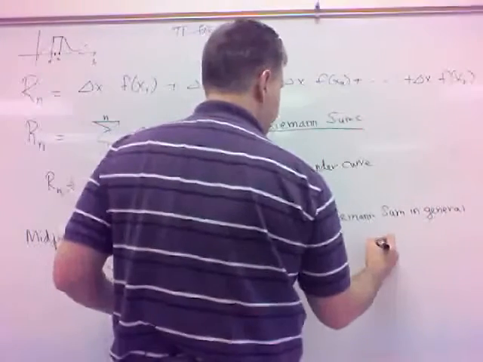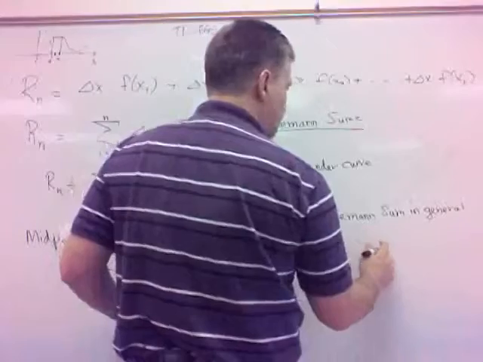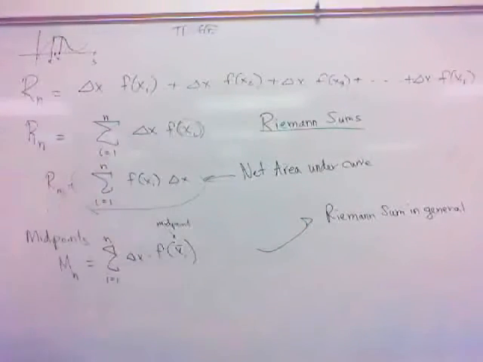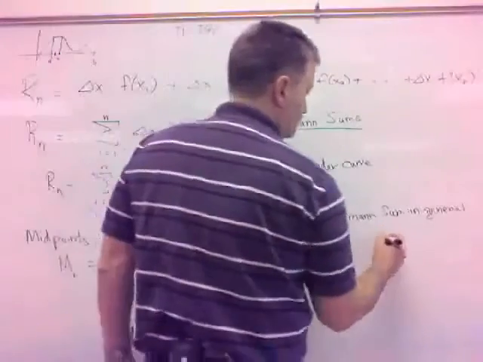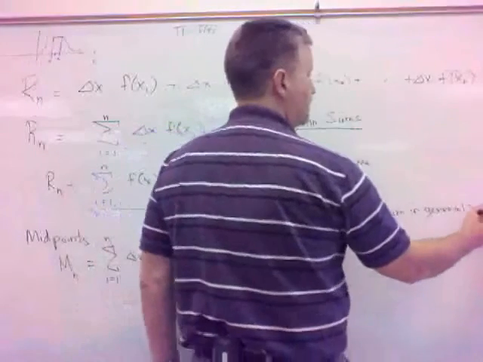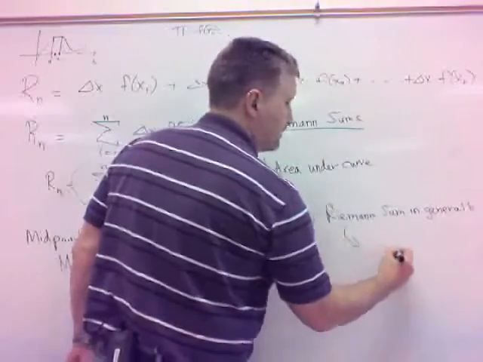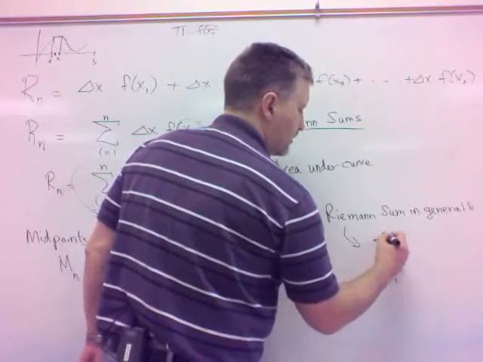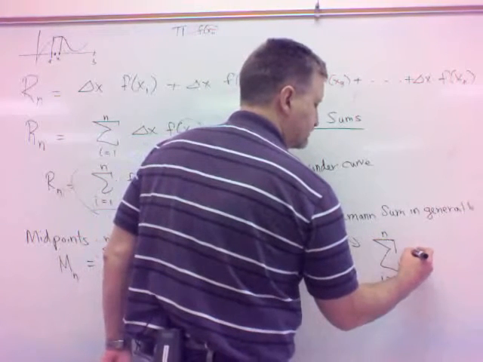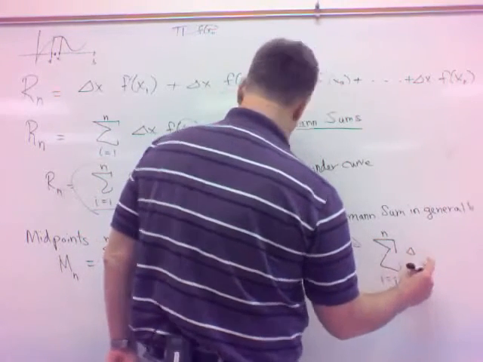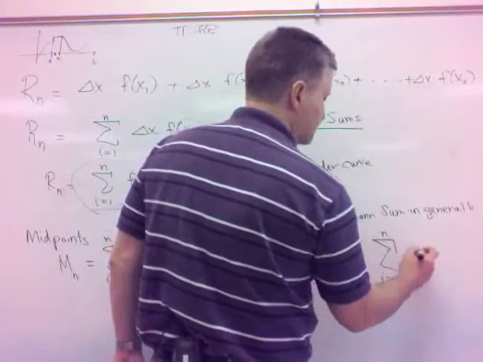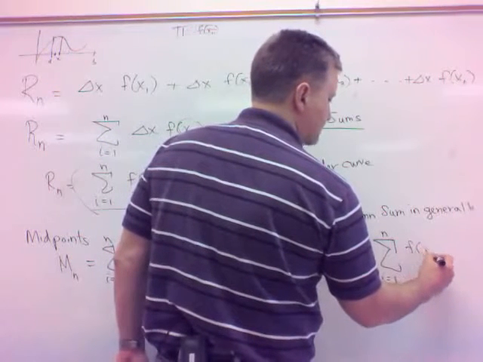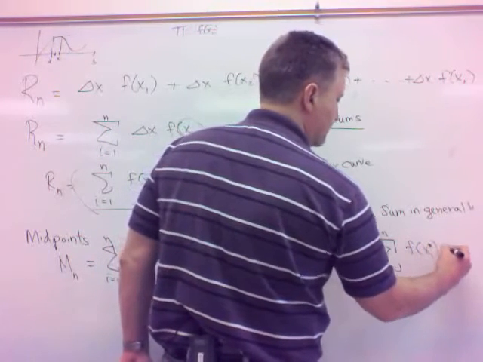But in general, here's what we can say. The Riemann sum that estimates the net area of the curve, in general, let's do it this way: sum from i equals 1 to n, f of x sub i star times delta x.